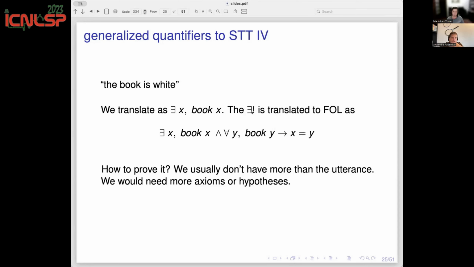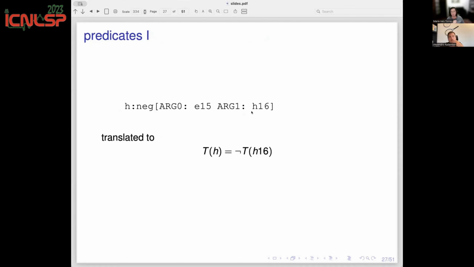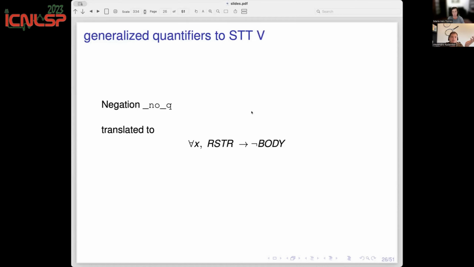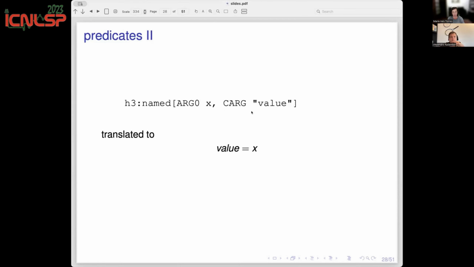For now, we are not doing that because of the limitations in the reasoning step, as that will force the reasoner to be much more complex. We also have the translation of negation. We have negation in the sense of a quantifier, but also negation as a predicate, so we have two different translations for them.